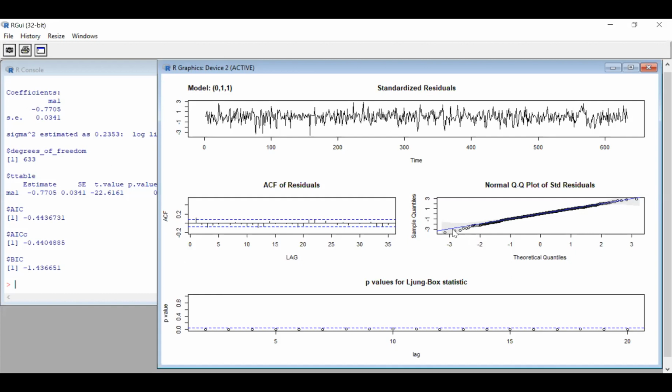If the circles go through the solid line, then we can say the residuals have the normal distribution. In this case, clearly the dots go through the line, so we can say it is good enough. The residual has the normal distribution.